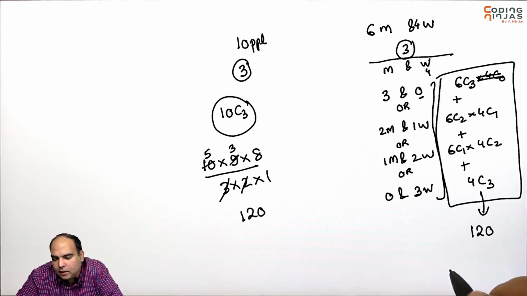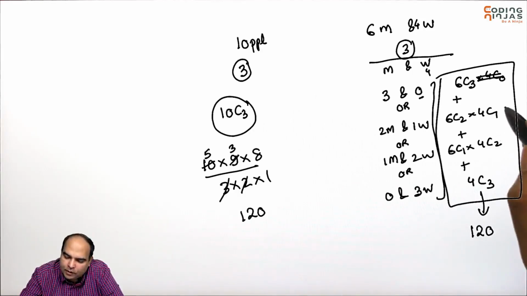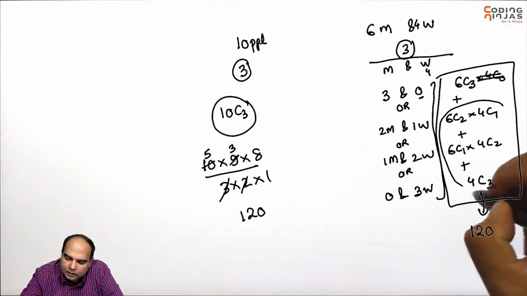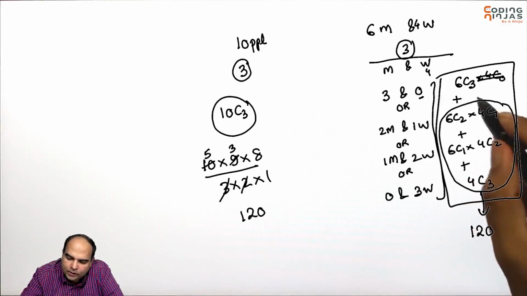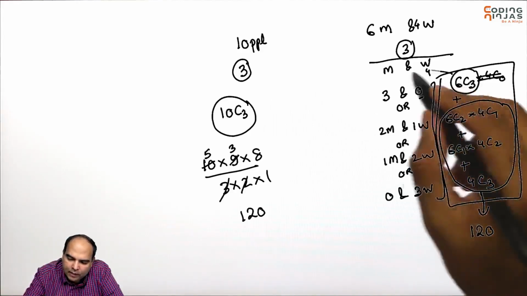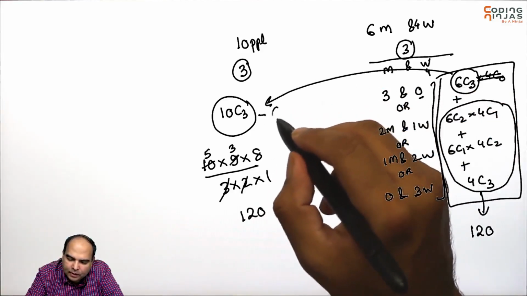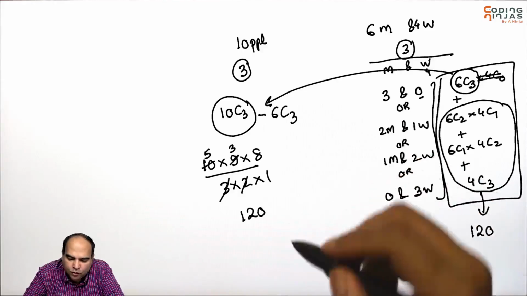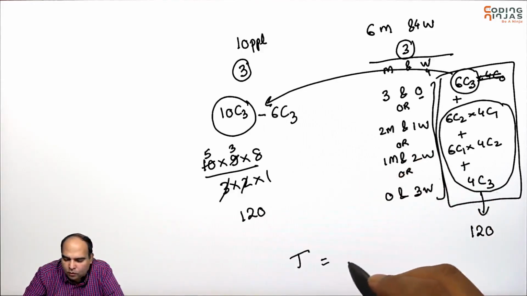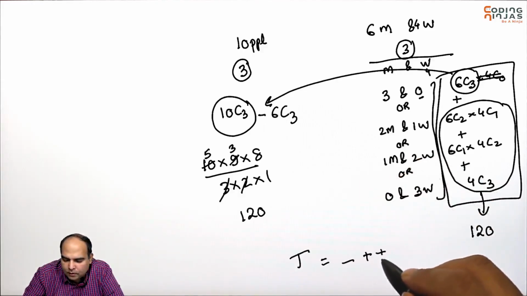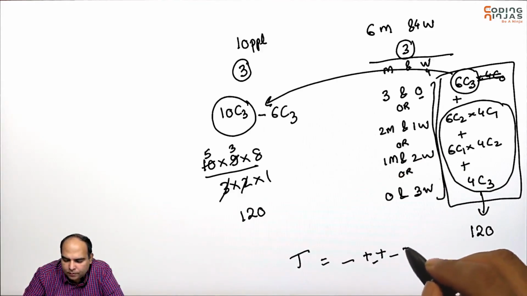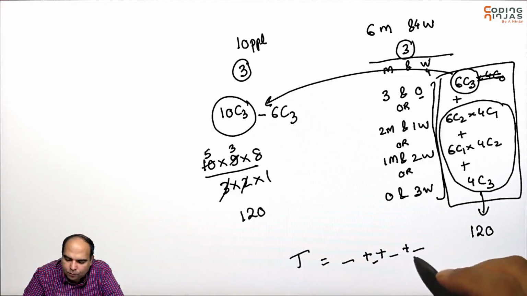So hence, if a question is giving you a constraint of only counting this, you always have the subtraction of 6C3 from 10C3 as a possibility, because you are in a situation where a total is equal to 4 parts.